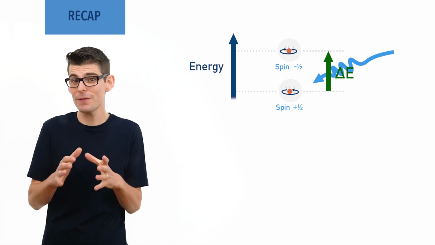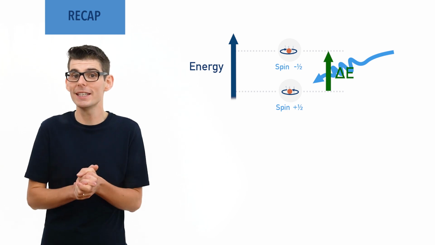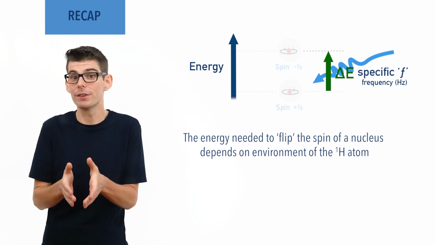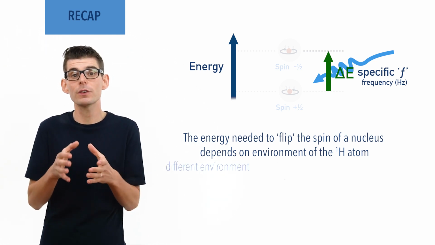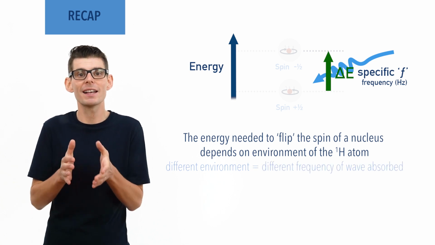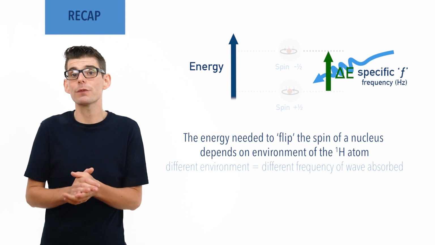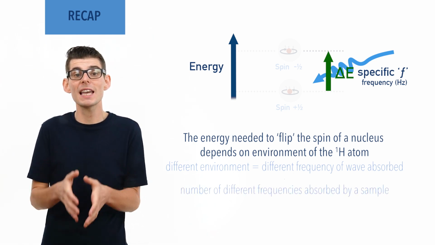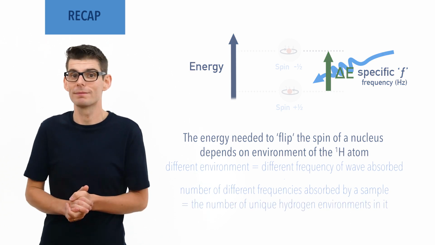Depending on the specific environment of a hydrogen atom, different amounts of energy are needed to flip the spin of its proton, meaning hydrogen atoms in different environments in a molecule absorb different frequencies of radio waves as their protons are made to resonate. The number of different frequencies of radio waves absorbed by a sample will be the same as the number of unique hydrogen environments in the molecule.